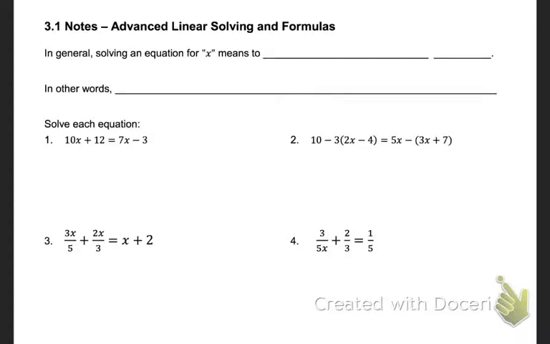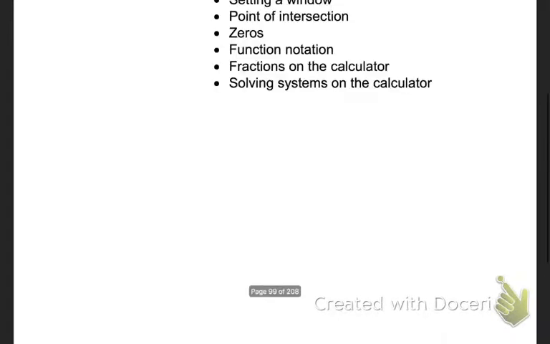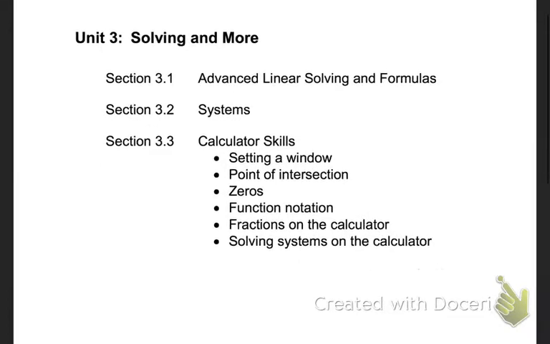You'll notice that this chapter is kind of a mini chapter. If I go back to the table of contents, you'll see there's only 3 sections. So there'll be 3.1, and this is advanced linear solving. And then 3.2 is systems with 3 variables.